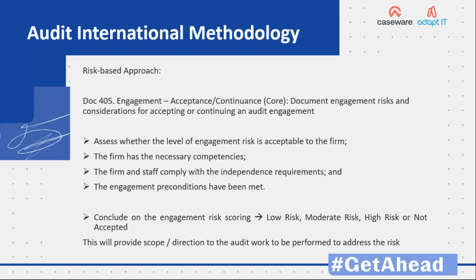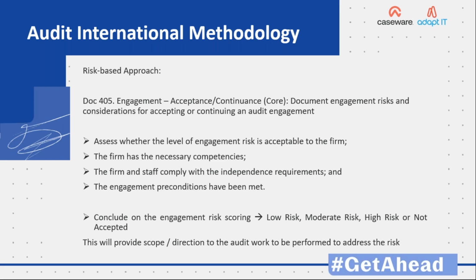And in this document, if you're curious, you should go into that document. This is the document that will assess the level of engagement risk, whether it is acceptable for the firm to continue with the procedure. In that document, your manager will assess whether you have the necessary competencies, whether the firm and staff comply with independence requirements, and whether all the engagement preconditions have been met.